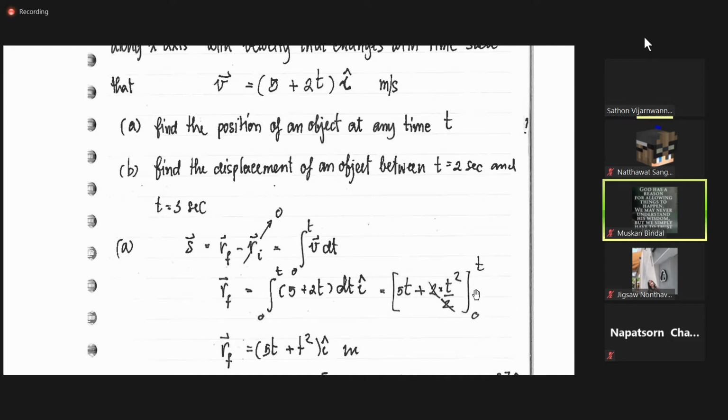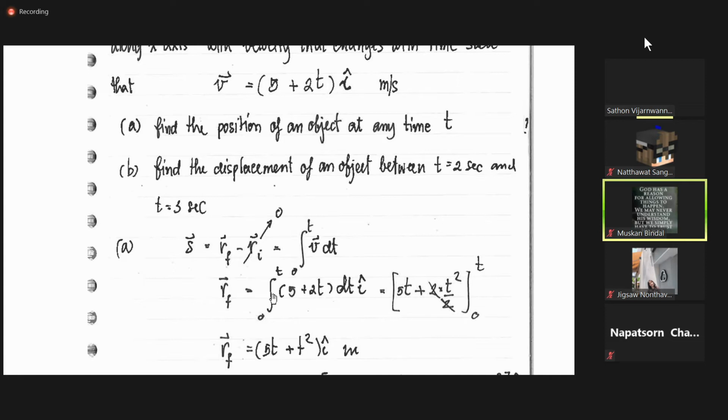So I can pull i out. The integration of 5 plus 2t: 5 is a constant, so the integration of a constant dt gives you 5t. The integration of 2t dt gives 2t squared over 2, so 2 and 2 cancel.